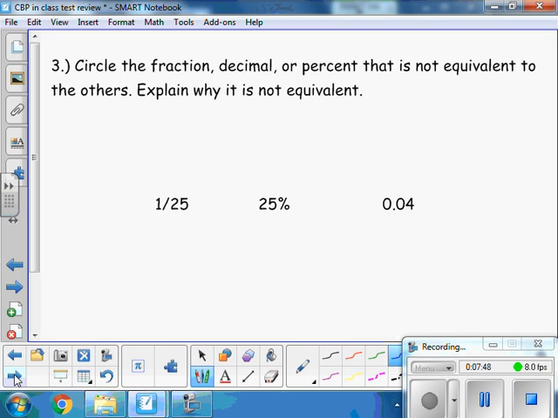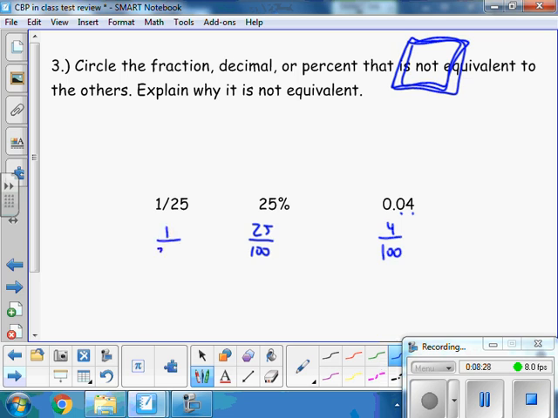Let's move on. Number 3, circle the fraction, decimal or percent that is not equivalent. Now, just for a strategy, I'm going to make sure I see the word not, because I don't want to answer this wrong. It's not equivalent to the others. Explain why it's not equivalent. So I am going to explain it using math. So let's see, 25% is actually 25 out of 100. So maybe if I turn that one, that's 4 hundredths.